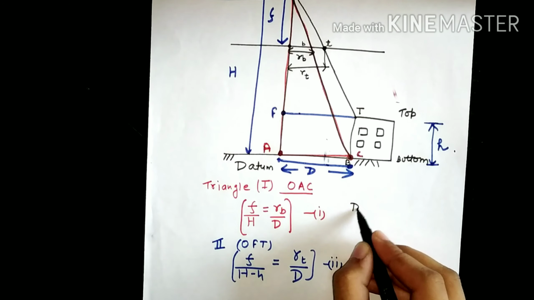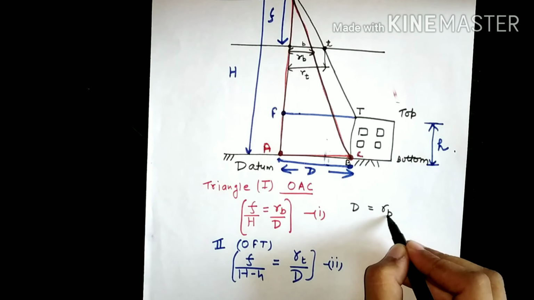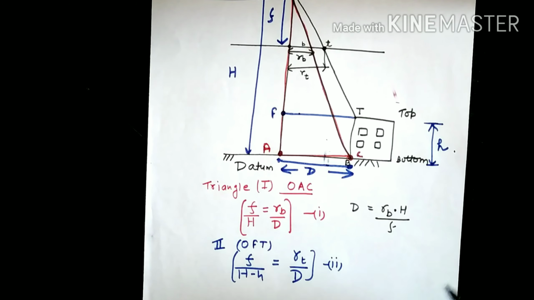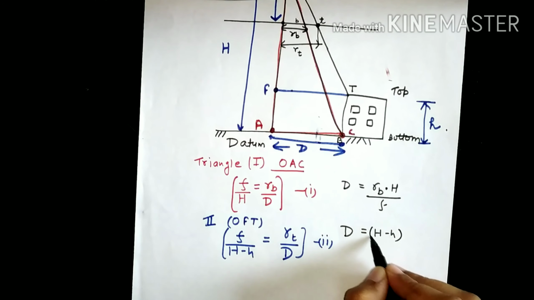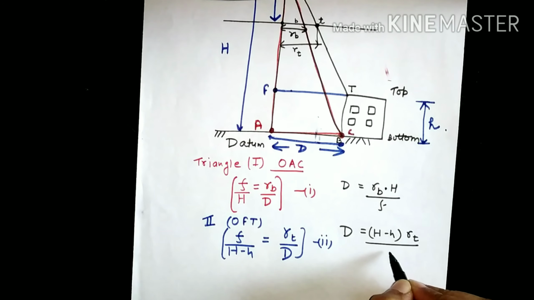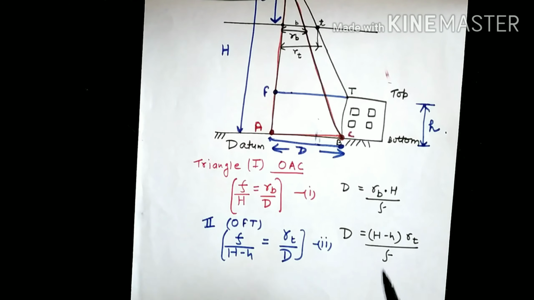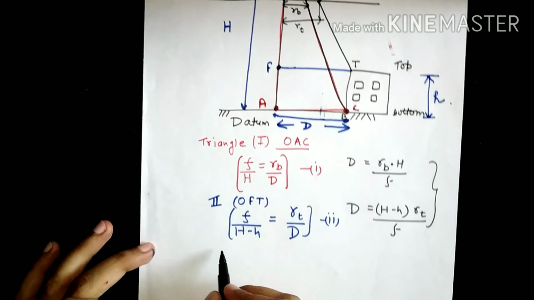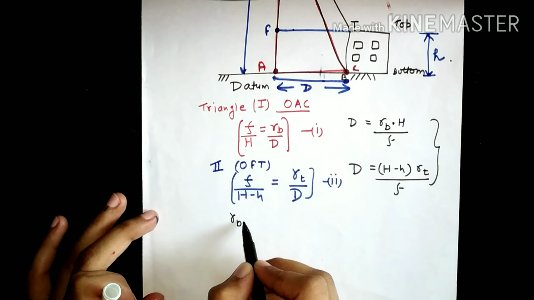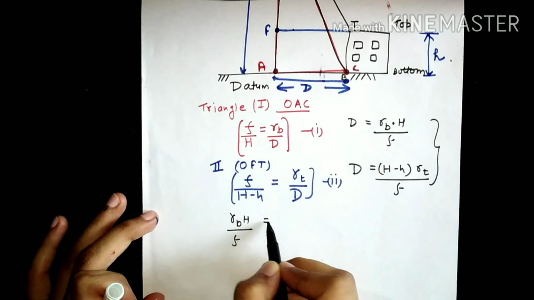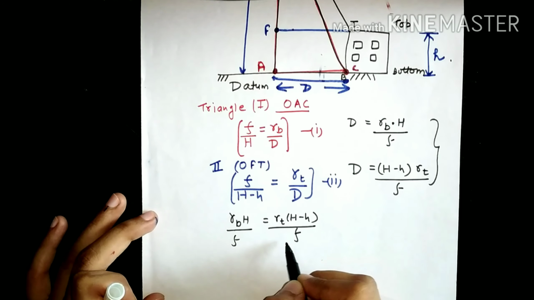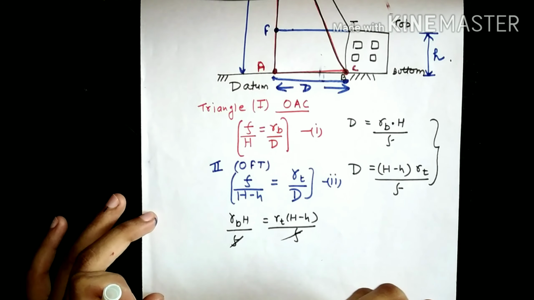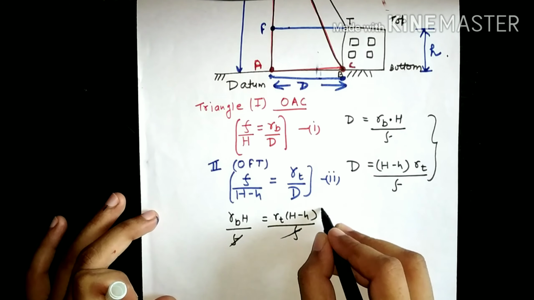So D from this equation is RB dot H upon F, and D from this equation is (H minus h) RT upon F. Equate these two D, then we will get the equation as RB H upon F is equal to RT (H minus h) upon F. Okay, this will be cut down. Then the equation will be this.